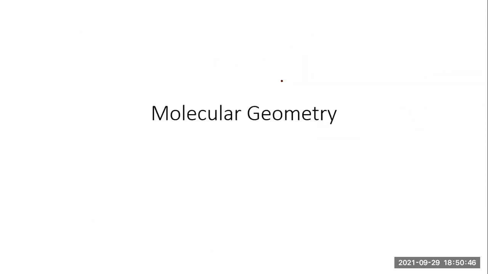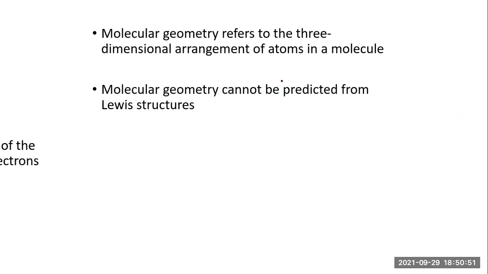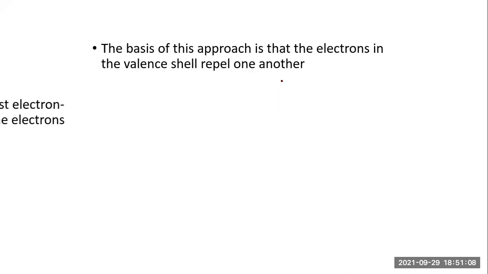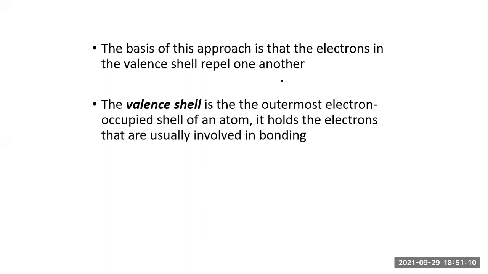Okay, so we're going to talk about geometry here. And we can basically use Lewis structures and the central atom to help us decide what is the sort of 3-dimensional geometry of the molecules that we draw. And the theory that we use, or the basis of this approach, is what is sometimes referred to as the valence shell theory. And the idea is ultimately, when we make bonds, there are electrons near electrons.